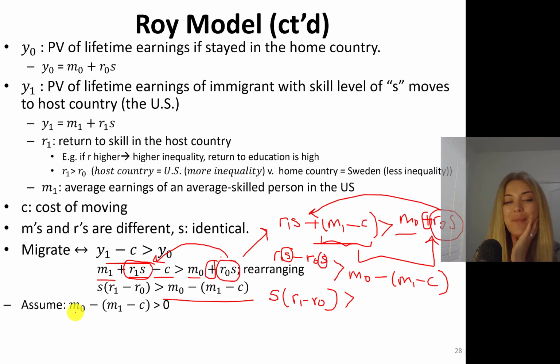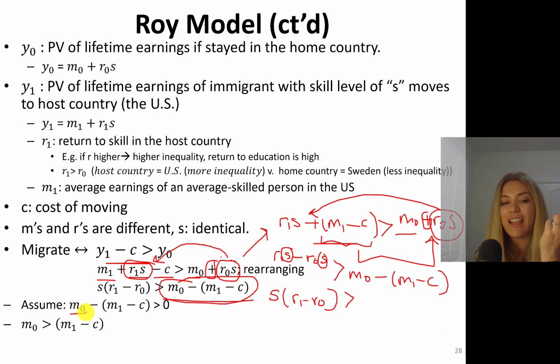Actually, we're going to assume M0 minus M1 minus C is greater than 0. So we're going to assume the right-hand side to be greater than 0. In other words, M0 greater than M1 minus C. So the average person, we're assuming, will not find it worthwhile to migrate.